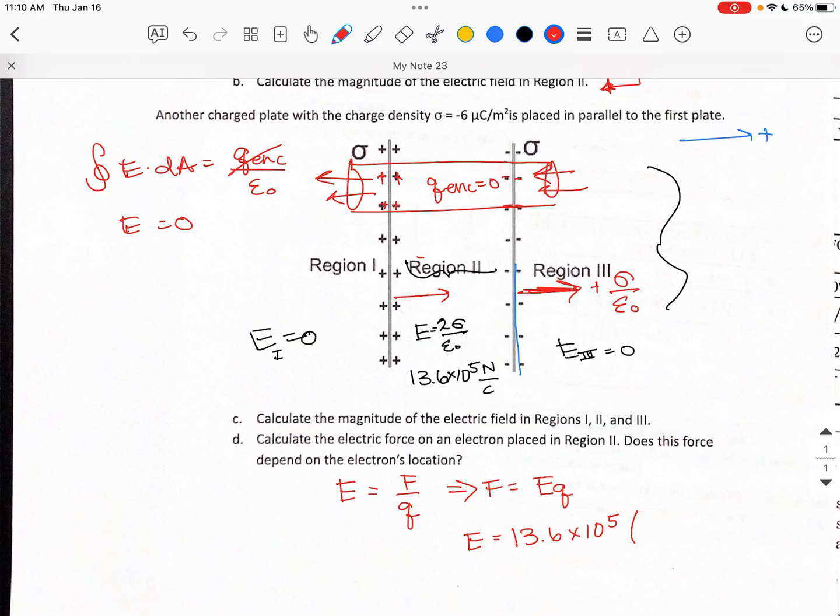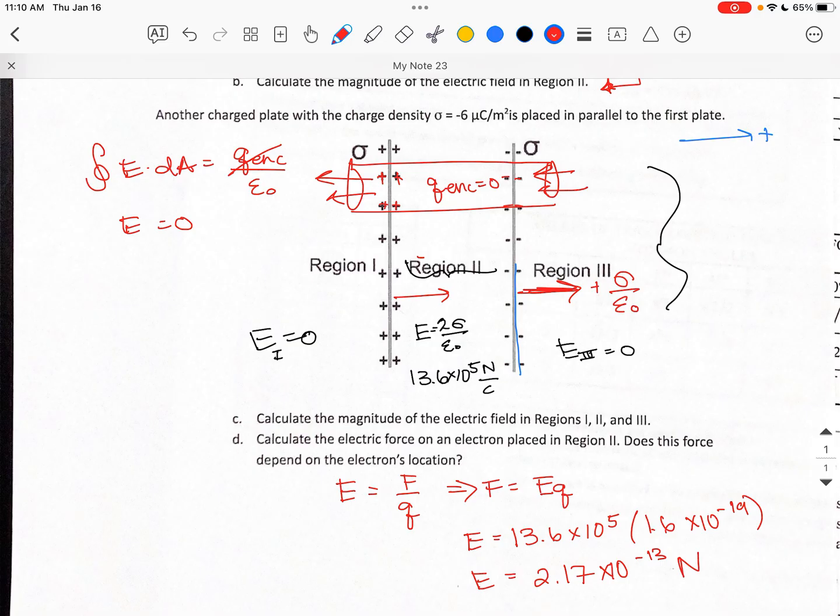It's 1.6 times 10 to the negative 19. And then you solve that and you get 2.17 times 10 to the negative 13 newtons.